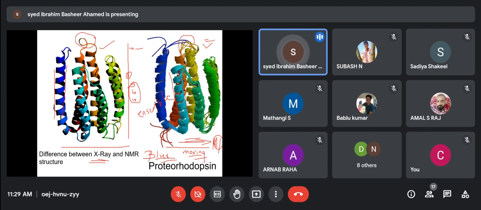But here you see the loop region one time in this orientation, another time it has moved somewhere, and another time it is moving somewhere else. So you can see the flexibility in NMR spectroscopy. So what is the advantage? You can easily find out the conformational change.